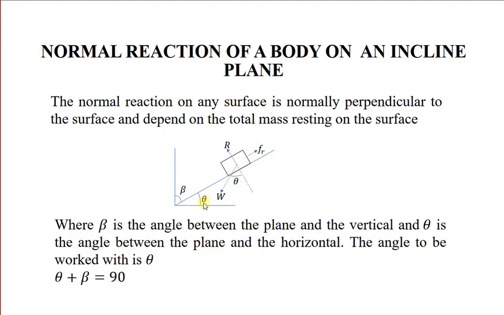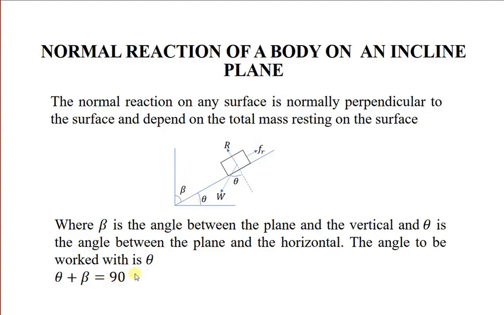So theta is the angle between the plane and the horizontal, and beta is the angle between the plane and the vertical.